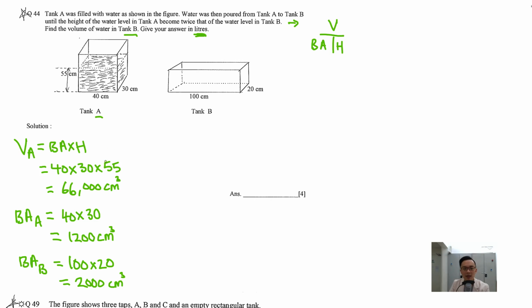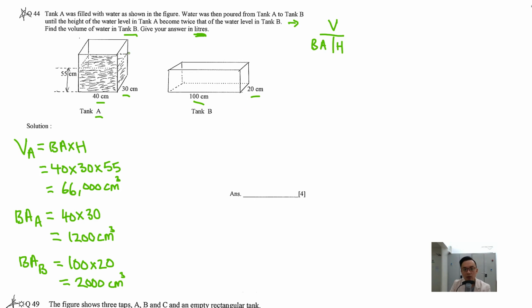All right. So basically, these three numbers I just find out based on the information that I'm given. So I have 100, I have 20, I have 30, I have 40. So I just find the base area. I have volume of A, so I just find volume of A. These are just things that the question has given me, so I know how to find all this information.